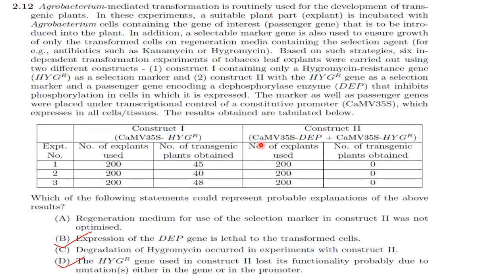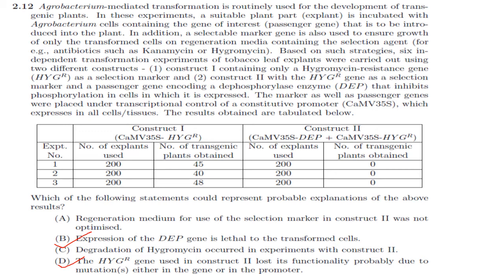But when they used construct 2, that is CAMV35S dephosphorylase enzyme plus CAMV35S hygromycin resistance gene, they didn't obtain any transgenic plants. Now they are asking which of the following statements would represent probable explanation of the above result. Why you got 0 here, why you got transgenic plants over here, that you have to tell based on the options that they have given here.